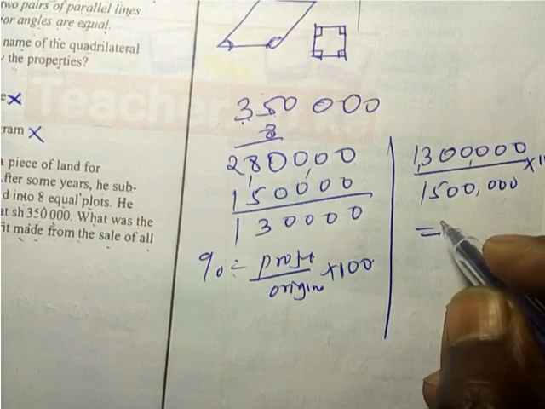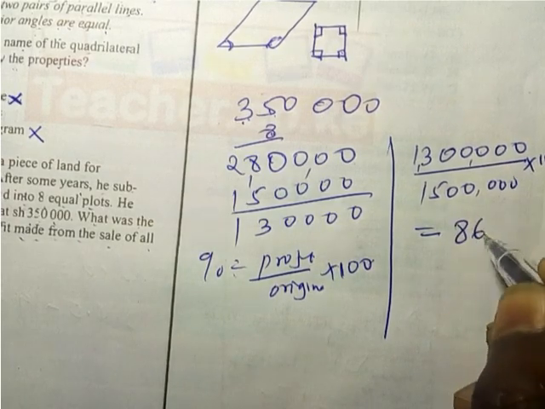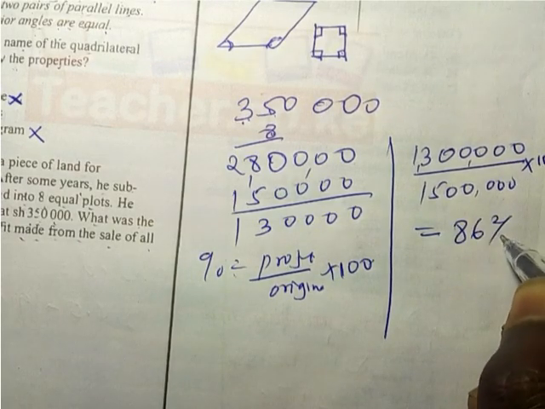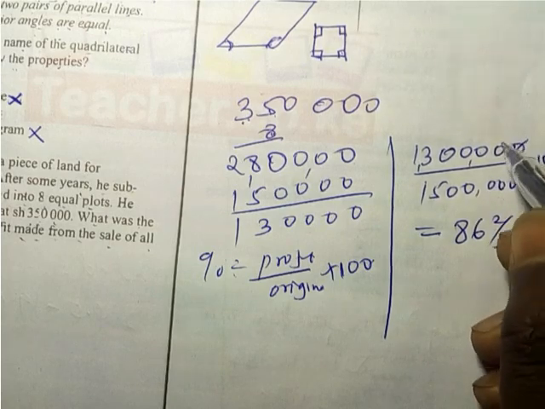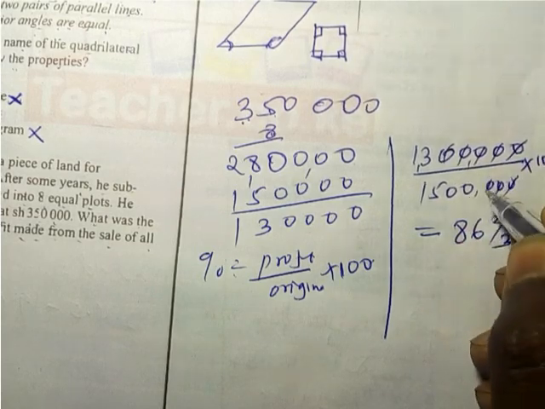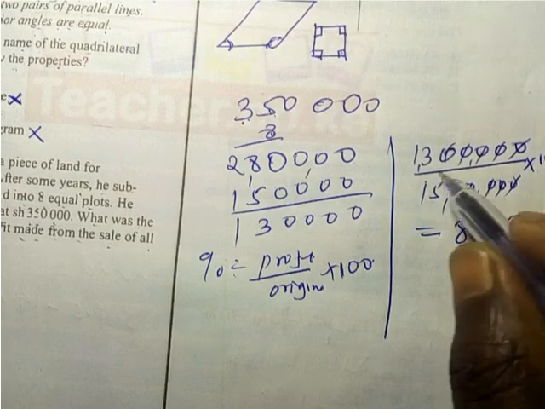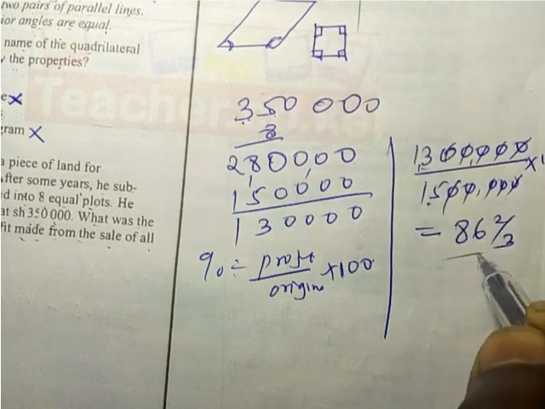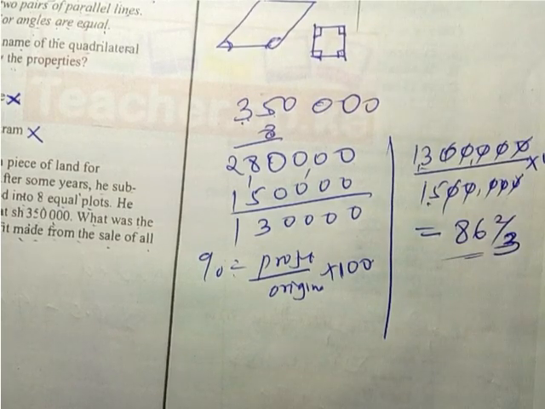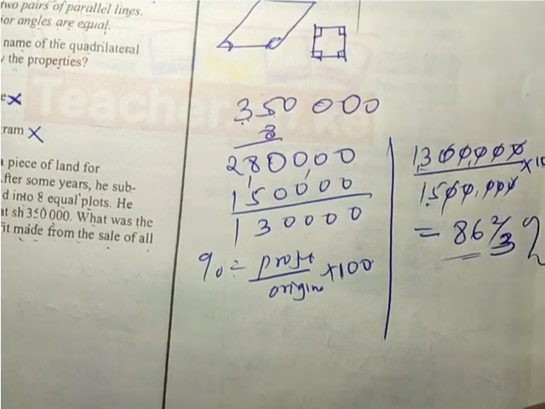Yes, and this one will give us 86.66. 1, 2, 3, 4, 5. So 1300 divided by this inakupea 86.3%.